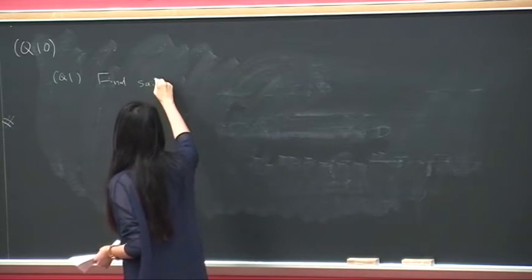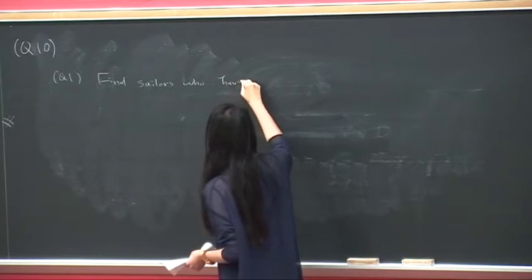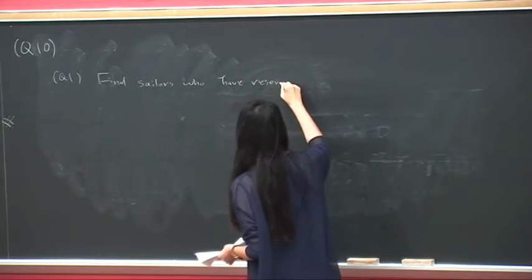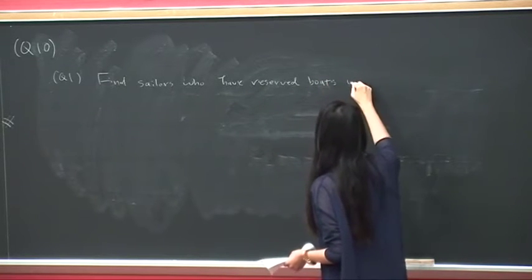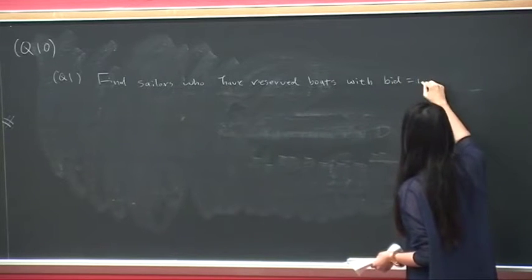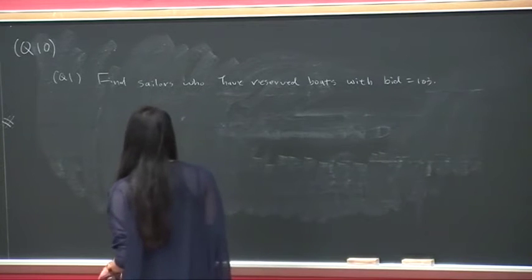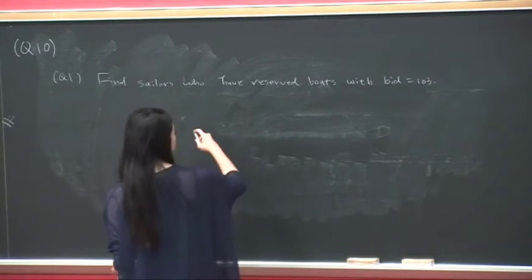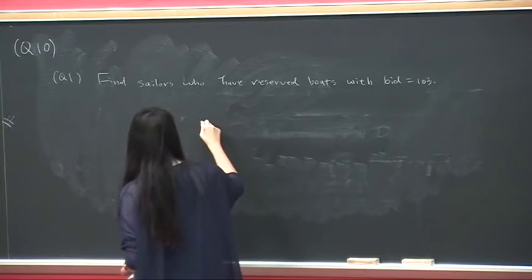Find sailors who have reserved boats. I remember at the time we only did, okay, let's just say we used the SID, even though I think we used name, but let's use SID.